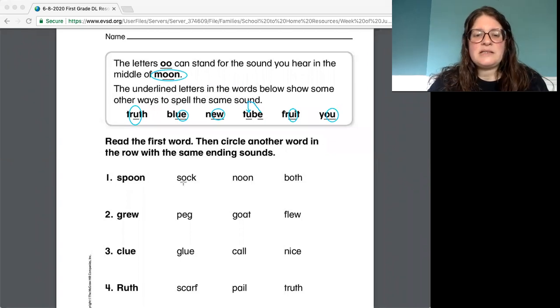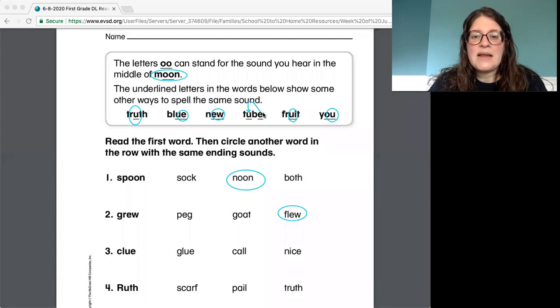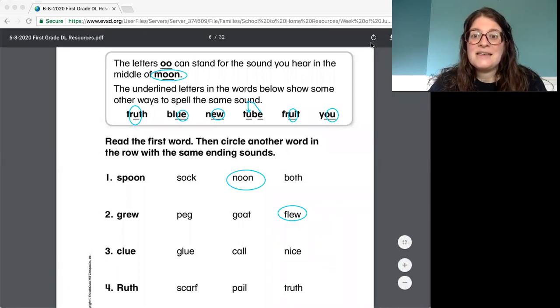Spoon, is it sock, noon, or both? It's noon. This word would be ooh, grew, peg, goat, flew. So I want you to finish this page on your own. You're going to practice the ooh sound this week, written many different ways.